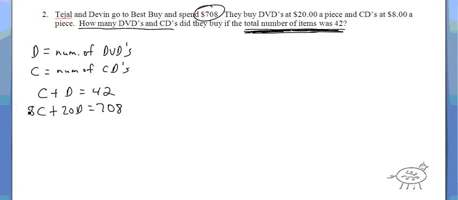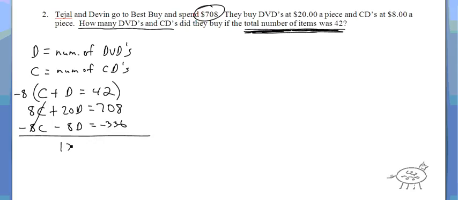And again, I would recommend, you could do substitution, but I'm going to use elimination. I can eliminate the C, so I can multiply this by -8. So I get -8C minus 8D equals -336. Okay, the C's cancel, and I get 12D is equal to 372.